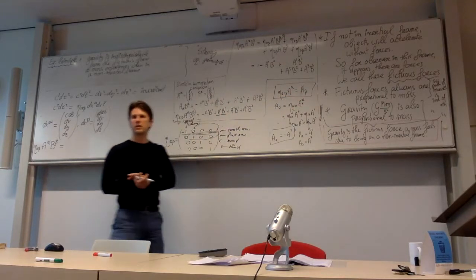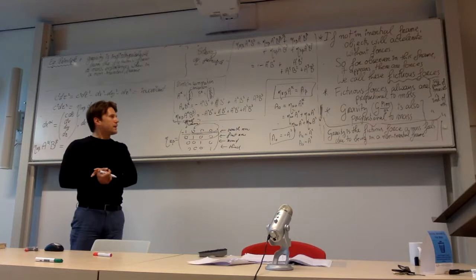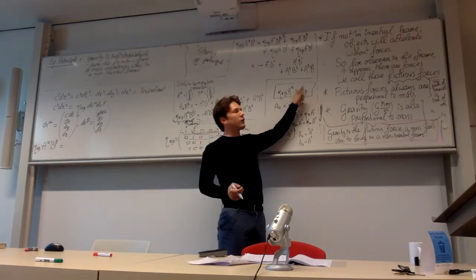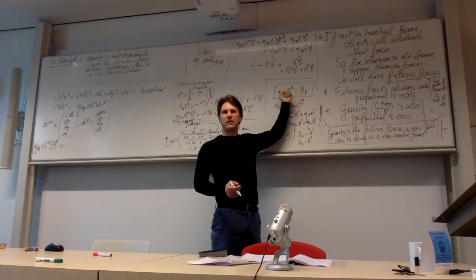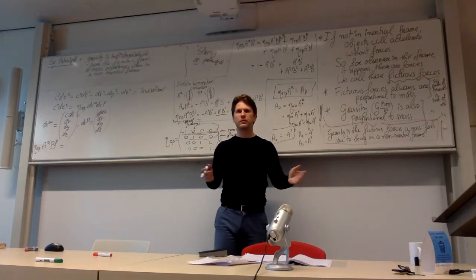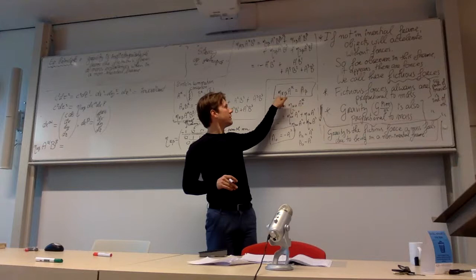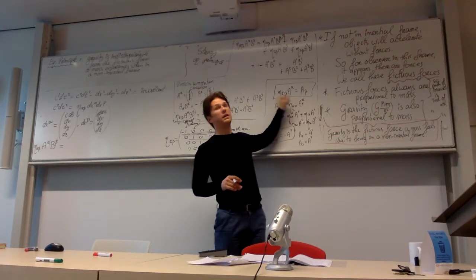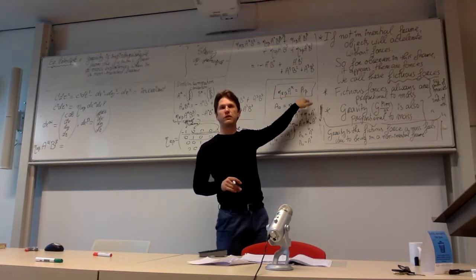Why would we want to do that? You don't really want to, because instead of writing things downstairs, you could also just always write this Minkowski matrix in front. But some books do away with the Minkowski matrix because they, by definition, put it already in the downstairs version of these things.